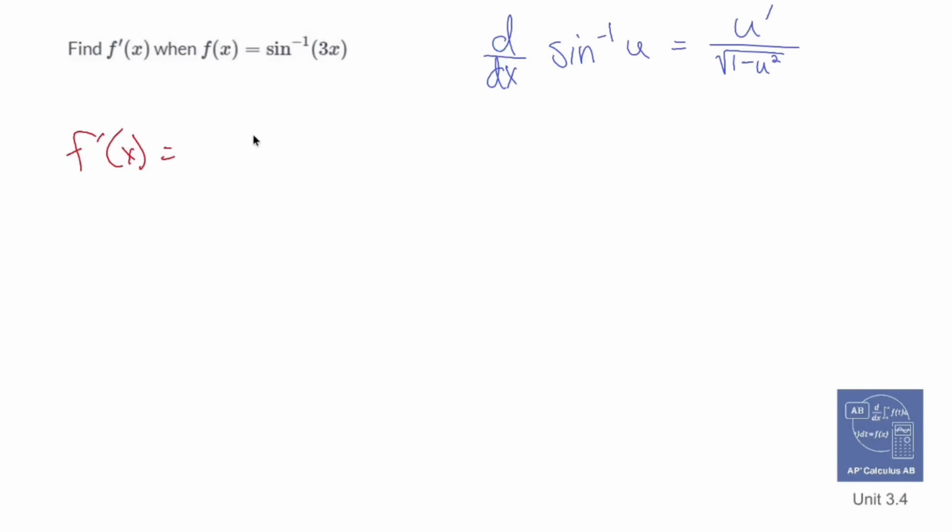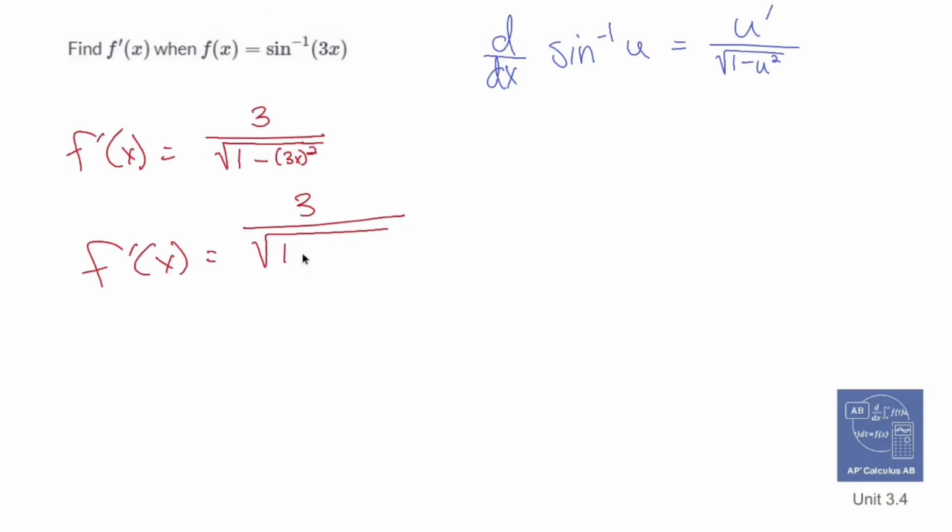So since the inside is 3x, the derivative is going to be 3 over the square root of 1 minus, in parentheses, 3x squared. So cleaning this up just a little bit more is going to be 3 over the big square root of 1 minus 9x squared.